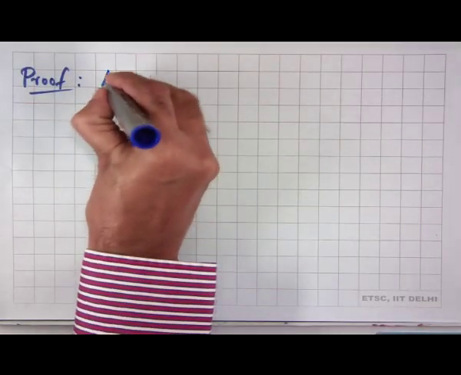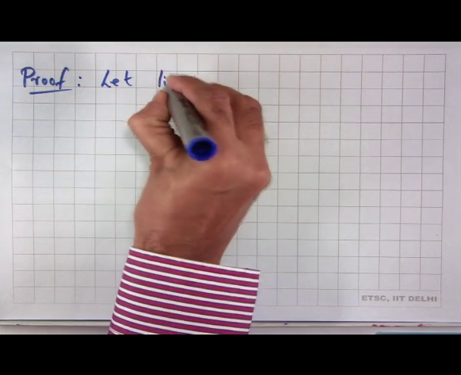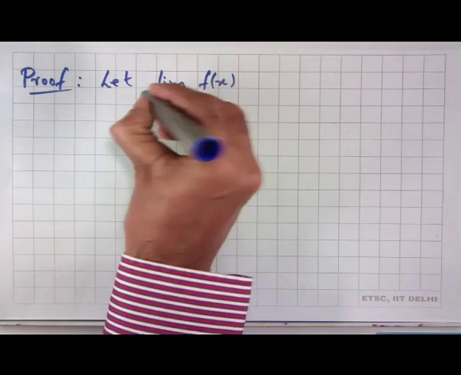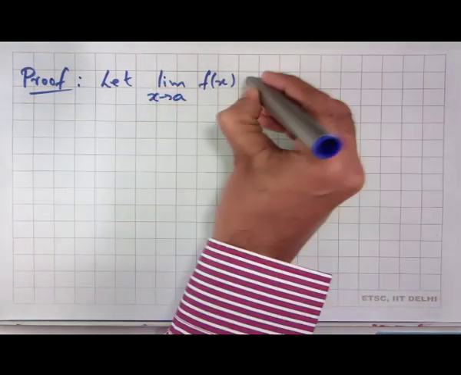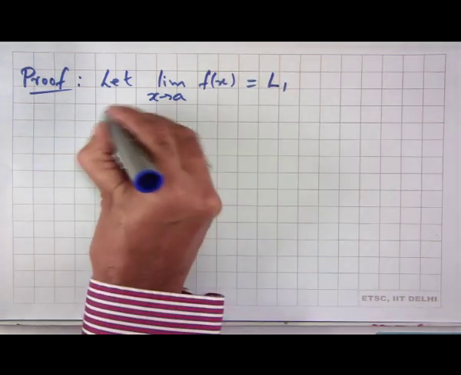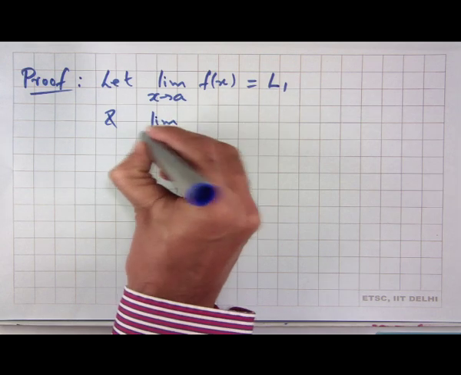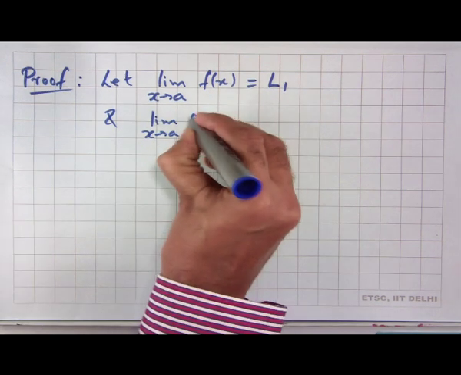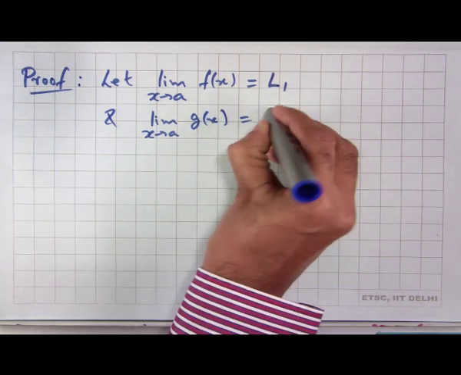So, proof. Let limit of f of x as x goes to a be equal to some L 1 and limit as x tends to a of g of x be equal to L 2.